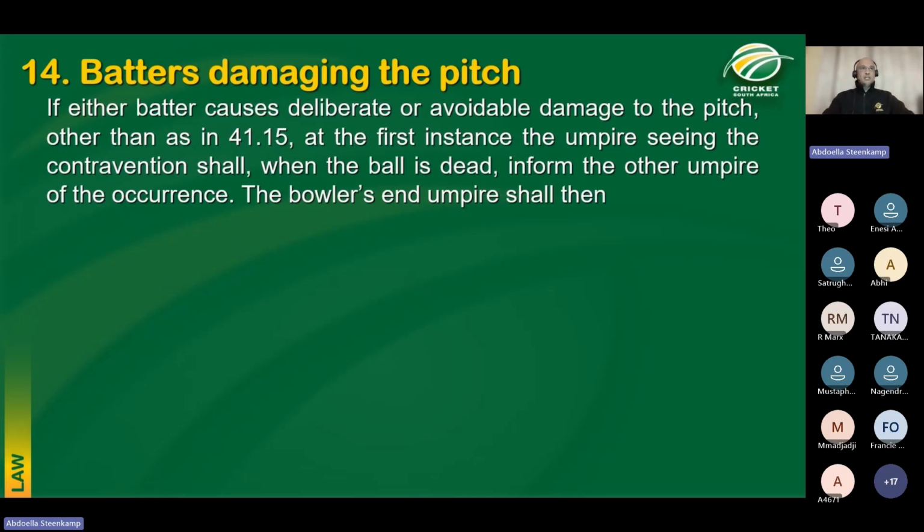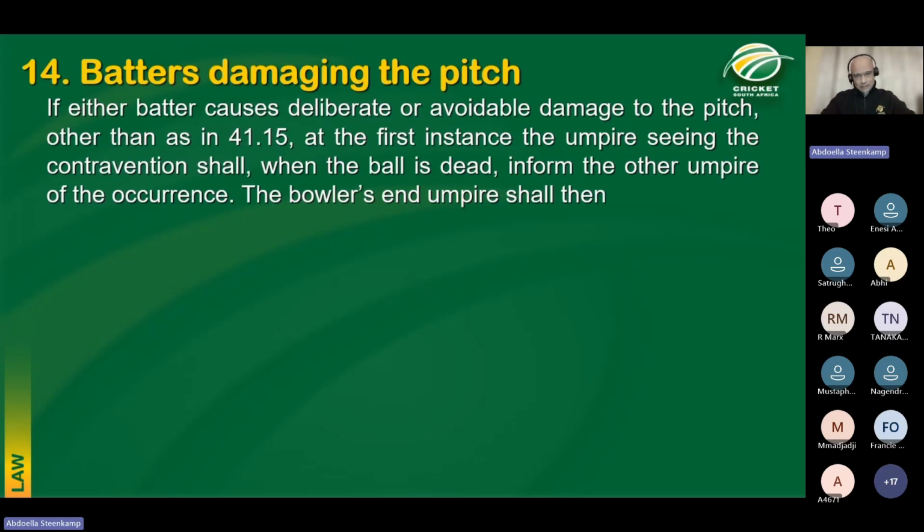The width of the pitch is 3.05 meters. The length is 20.12 meters. So it's that whole pitch and not just the protected area. So the law tells us that if a batter causes deliberate or avoidable damage to the pitch, like in the example in the animation video that we saw, where a batter was trying to use the spikes to scuff up an area.